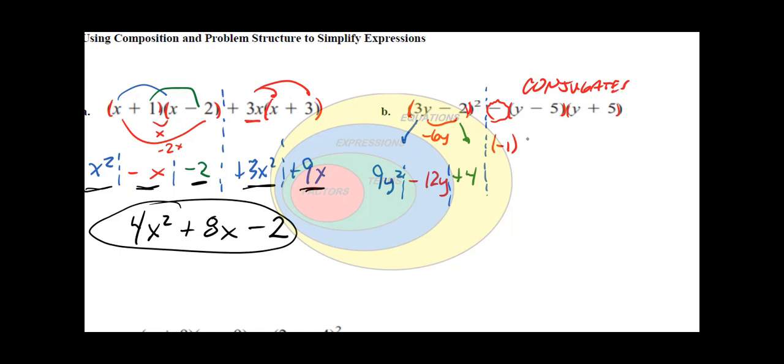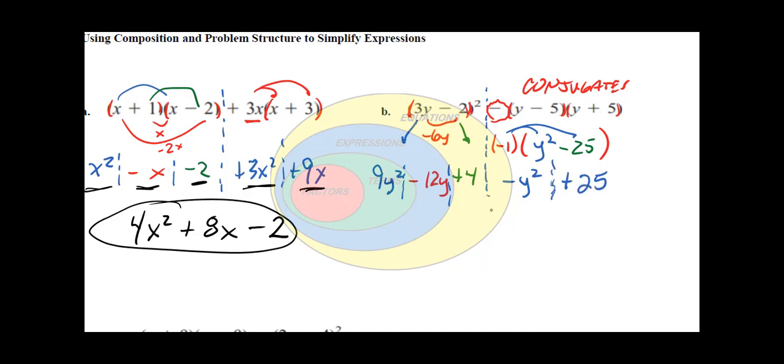We only get the first term squared, which is y squared, and then we get negative 5 times 5 or negative 25, no middle term. So now we need to distribute the negative 1 to each of the terms. We'll get a negative y squared. And negative 1 times negative 25 would give us a positive 25.